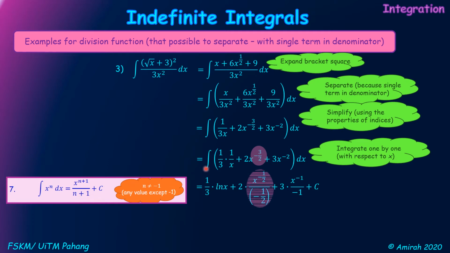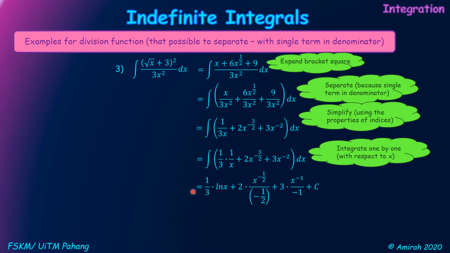When we use this formula, we have x to the power of negative half, because negative 3 over 2 plus 1 equals negative half, and over n plus 1, which is negative half. And then we still have the constant 3 in front here, because we multiply by the constant.